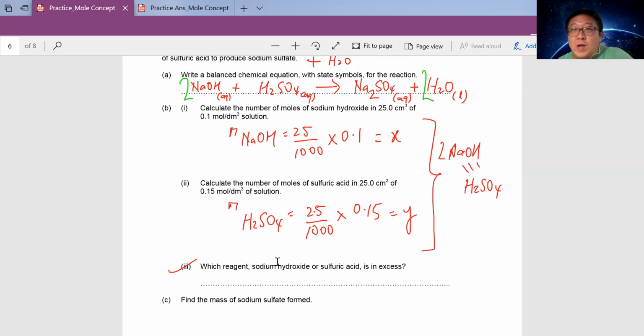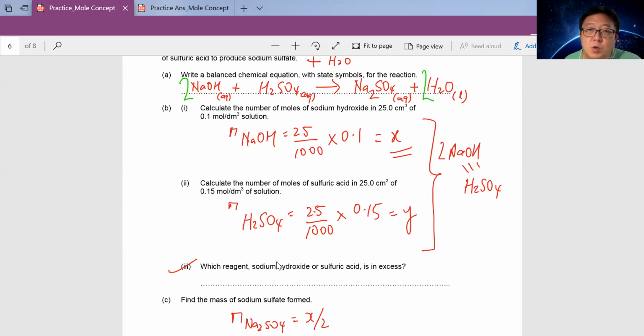Now, can we confirm who is the limiting reagent? Sulfuric acid is the excess, so sodium hydroxide is the limiting reagent. So I'm interested in X. The number of moles of your sodium sulfate must be linked to the number of moles of the limiting reagent. 2 moles will give you 1 mole of sodium sulfate, so the number of moles of sodium sulfate is X over 2.